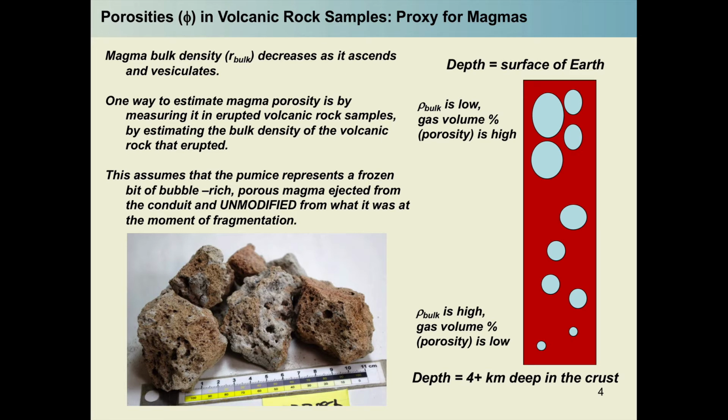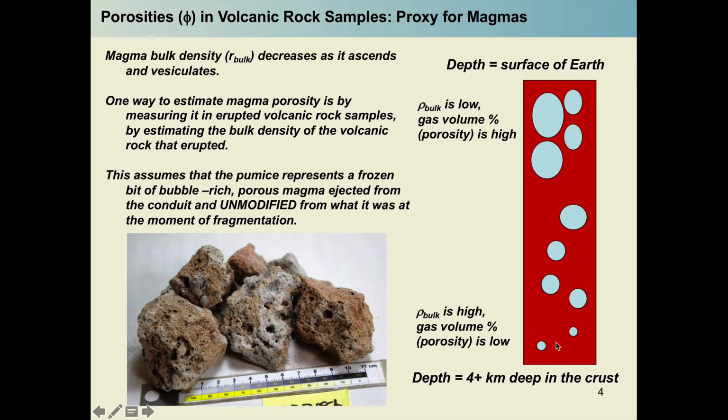So we know from prior lectures that if you have a conduit, I'm showing you my conduit cartoon here. The red stuff is the molten liquidy part of the magma. The blue are vesicles. They're gas bubbles, so that would be gas bubbles in the magma. Way down deep in the crust, so we're going to call it 4+ kilometers deep in the crust, when the magma just starts to rise from the magma chamber, the bulk density is high, right?